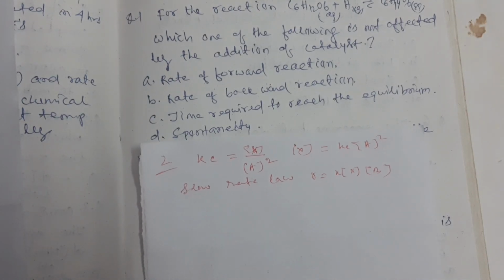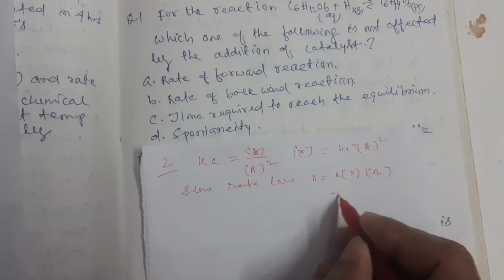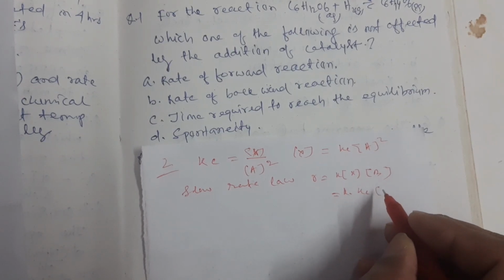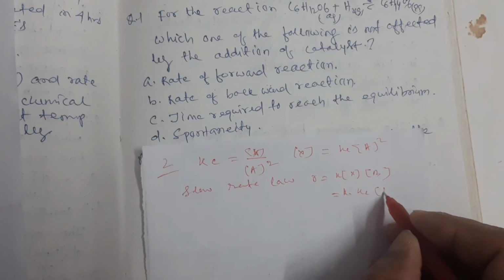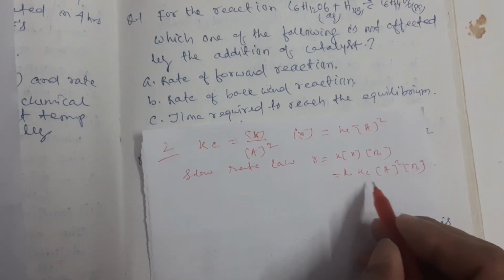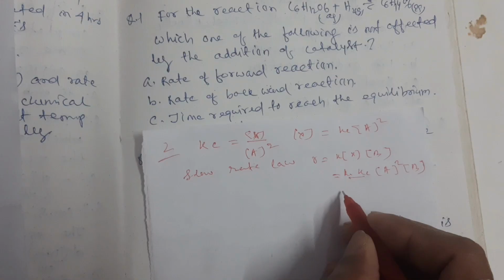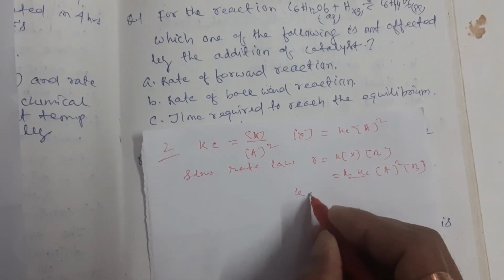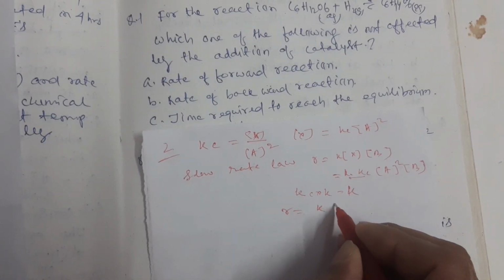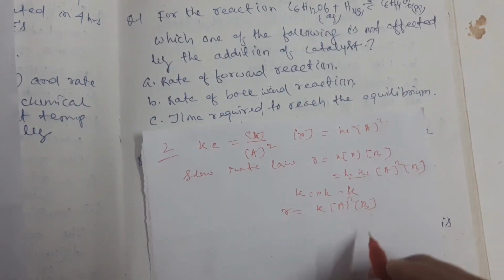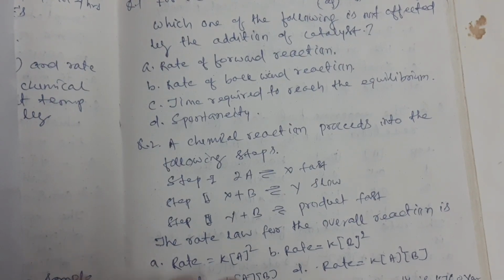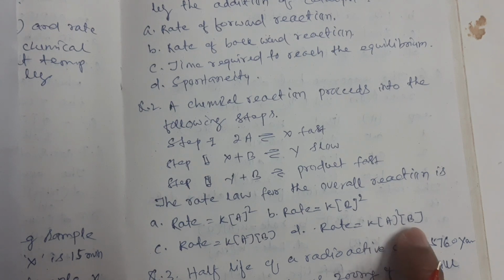So what is X? X is Kc A square. Put that in, and Kc and K you take together as K. So rate is equal to K A square B, which is choice D.